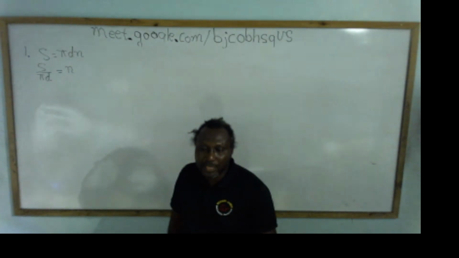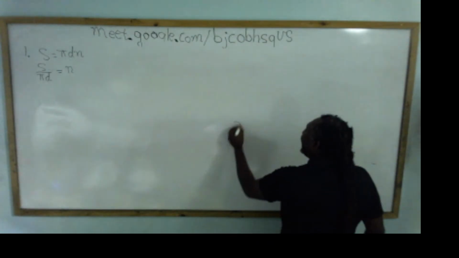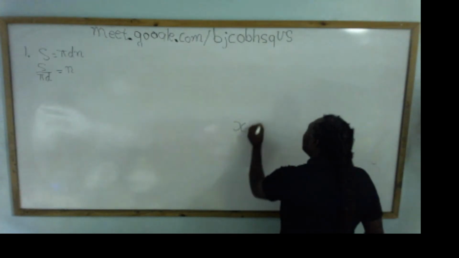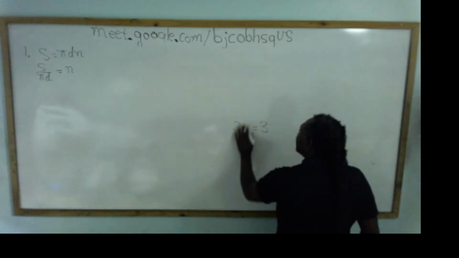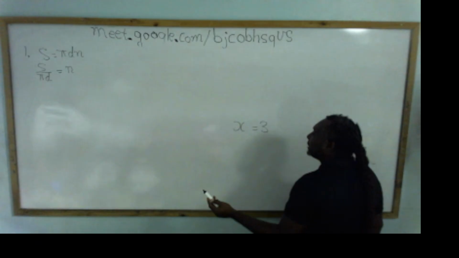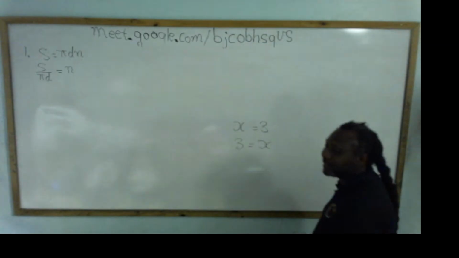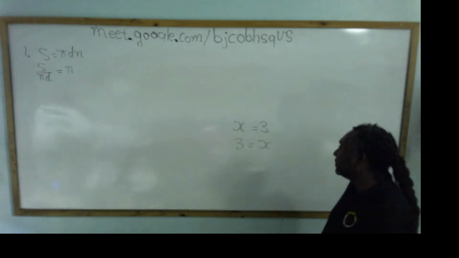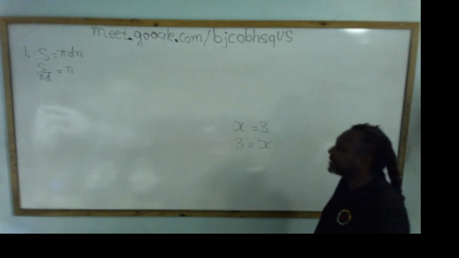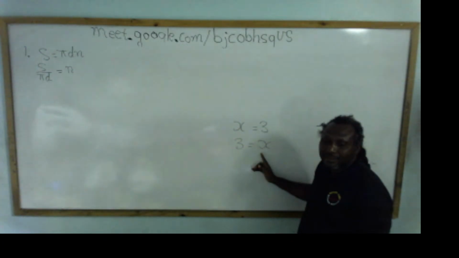So if you say x is equal to 3, of course you have equality there. And if you have 3 is equal to x, you also have equality there. But because of the meaning of this equal sign, this one is more of an intermediate step than a final answer.